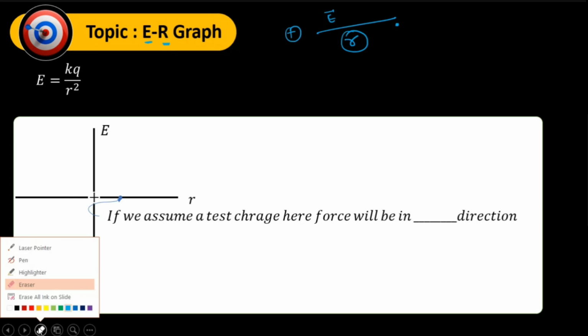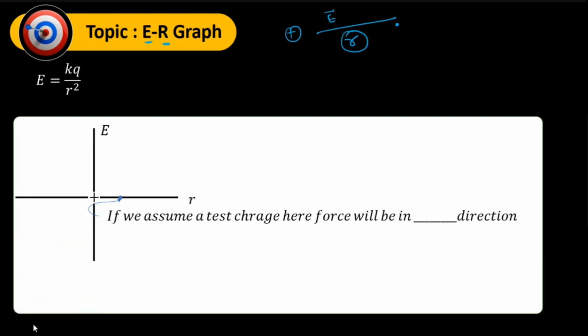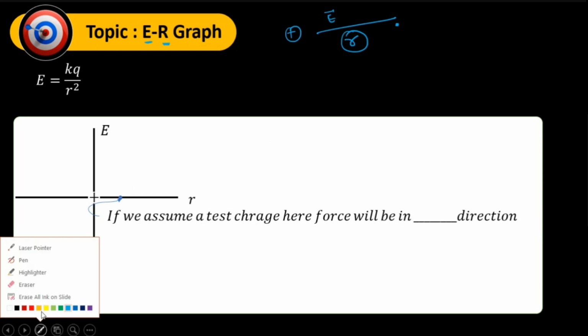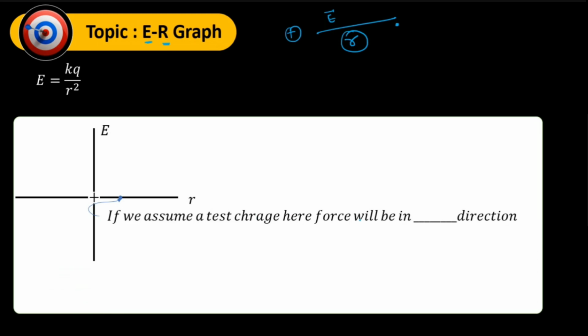Just assume that there is a test charge and an electric field is also there. What is the direction of force? The direction of force will be in the same direction as the electric field. This is what you need to understand, as we saw earlier.